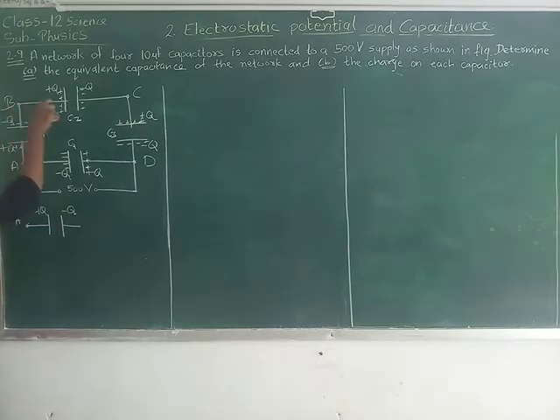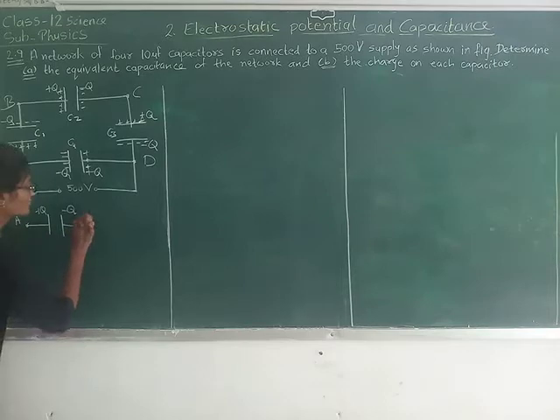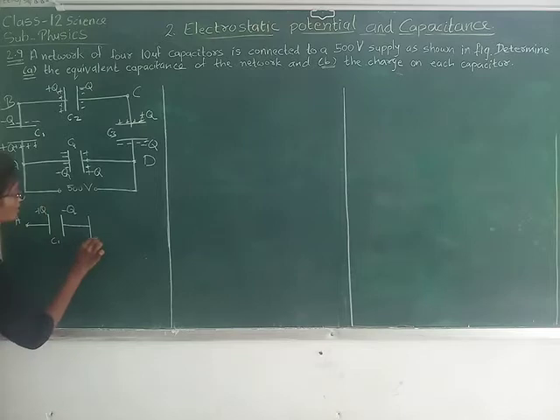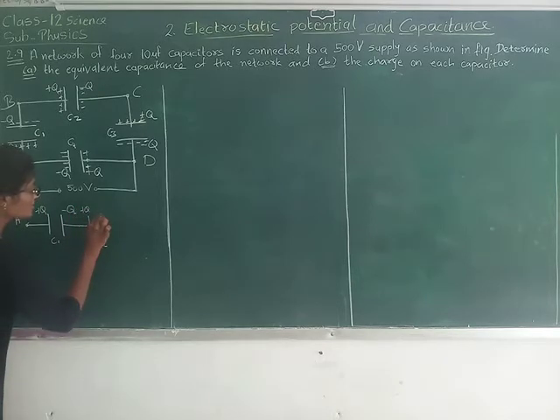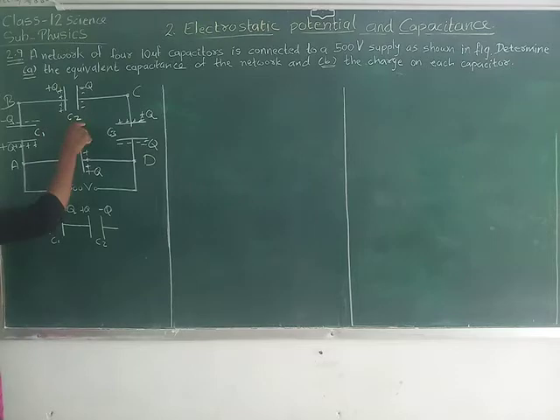Then from this point D, it is connected to the positive plate of the capacitor C2. So let us say here there is a C1, here we are having C2 in such a way that here plus Q charge is connected to this terminal. Here we are having minus Q charge, that is the negative plate of the capacitor.